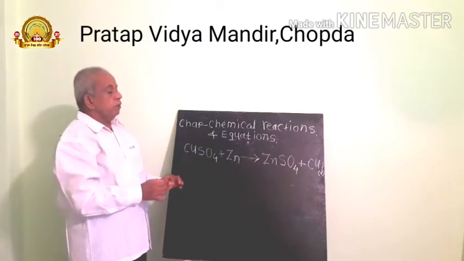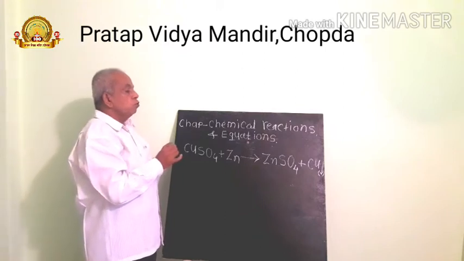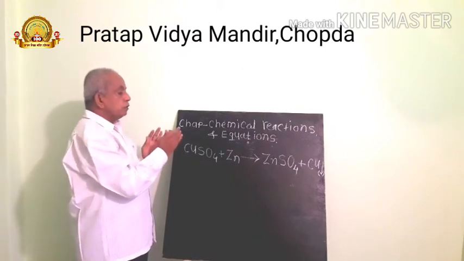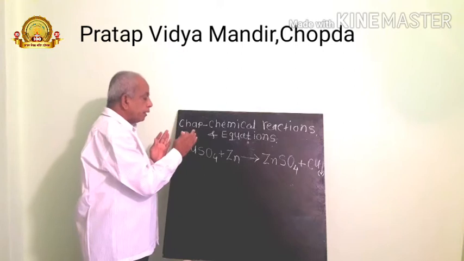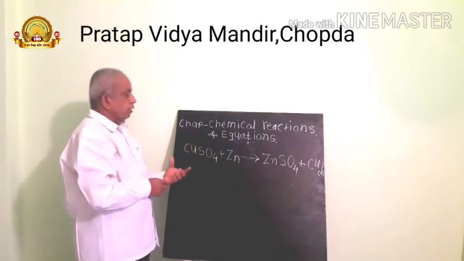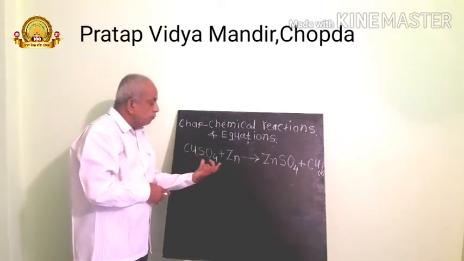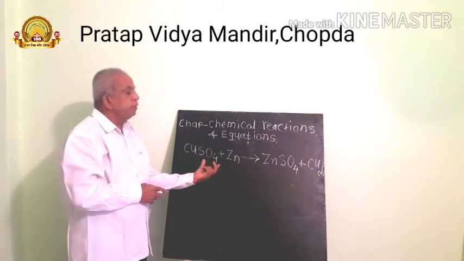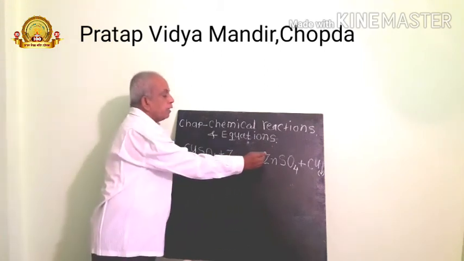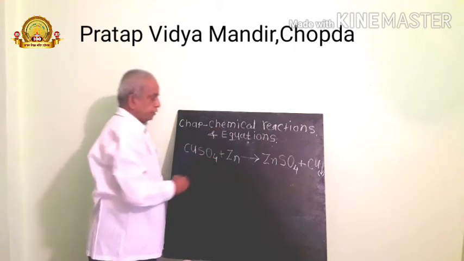So, the representation of a reaction in condensed form by using chemical formulae is called a chemical equation. It is important to note that at the time of writing a chemical equation, reactants are always at the left hand side and products are always at the right hand side.